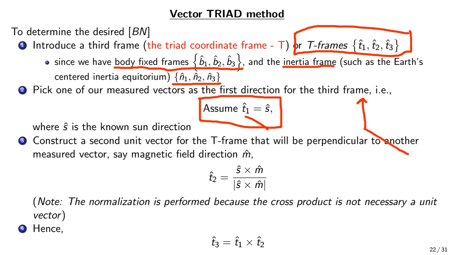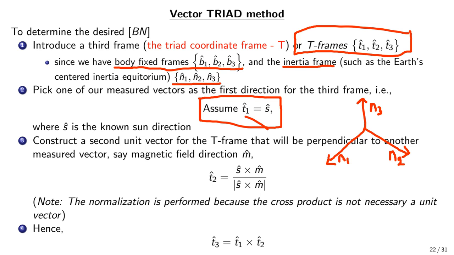So suppose we have an inertial frame, I call this my N, this is another N, and here we have another N. Maybe let's name it N1, N3 and N2. Then, let's use yellow for sun.